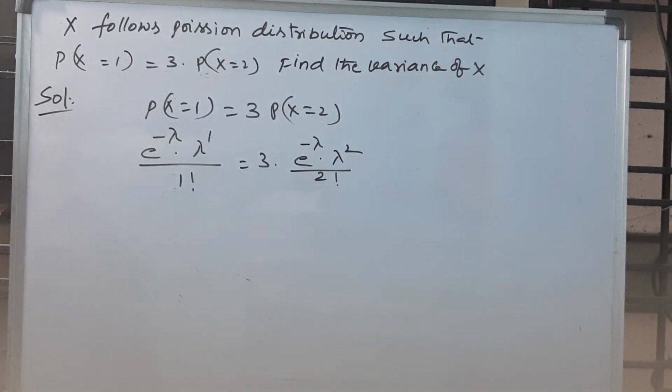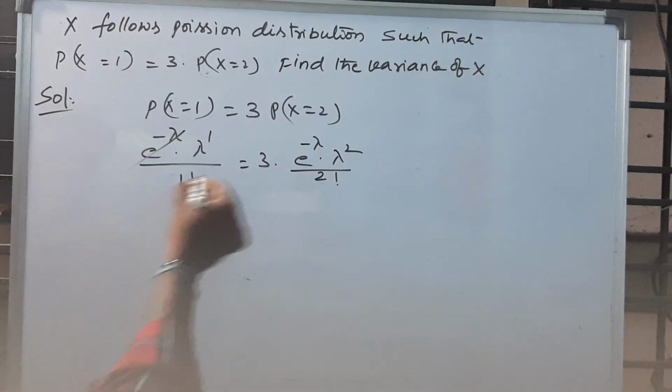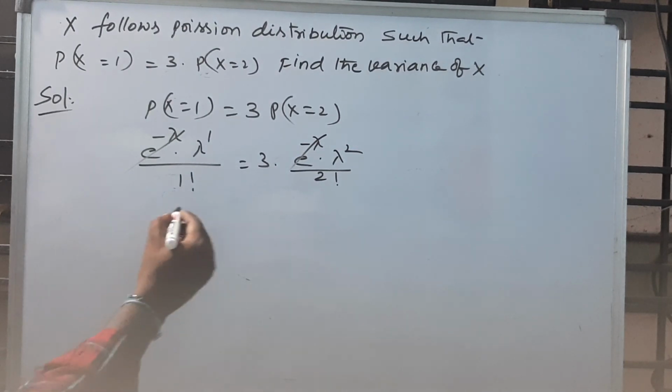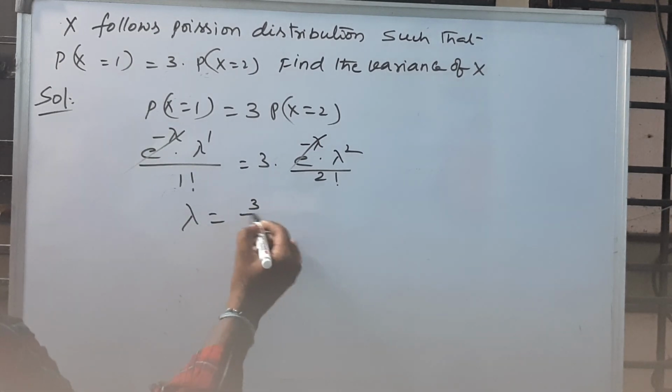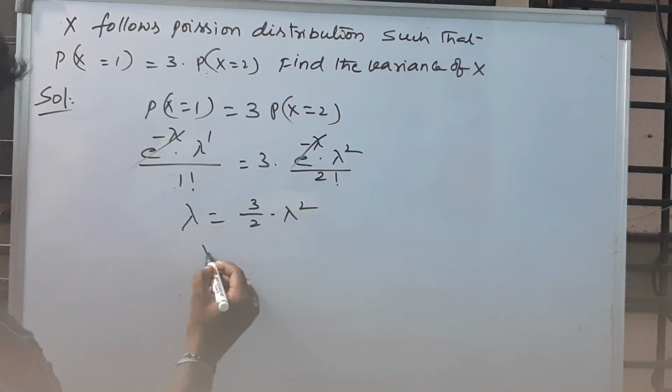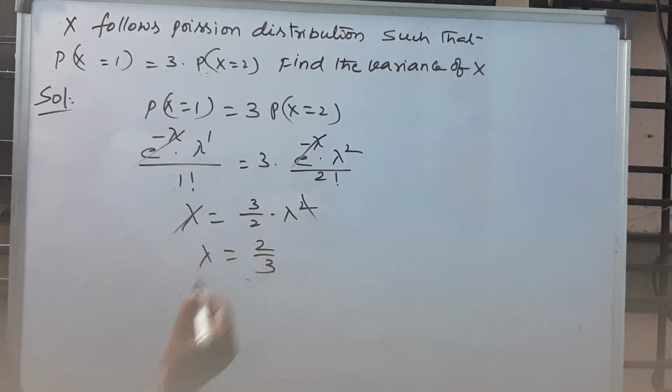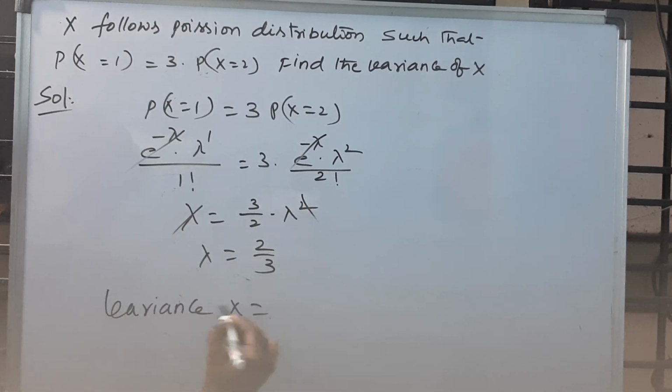Here e power minus lambda gets cancelled. So lambda is equal to 3 by 2 into lambda square. One lambda gets cancelled, remaining lambda is equal to 2 by 3. So variance is nothing but lambda only. Variance of x is equal to 2 by 3.